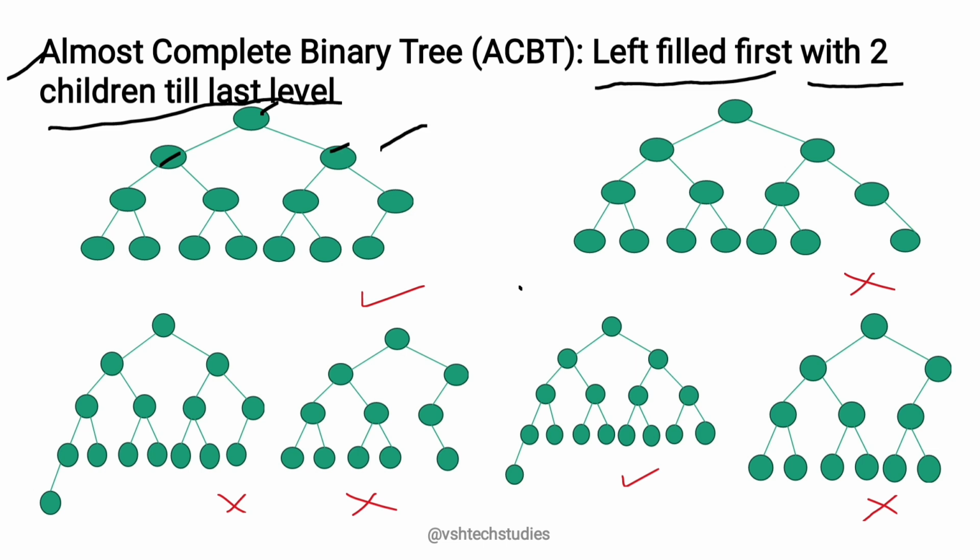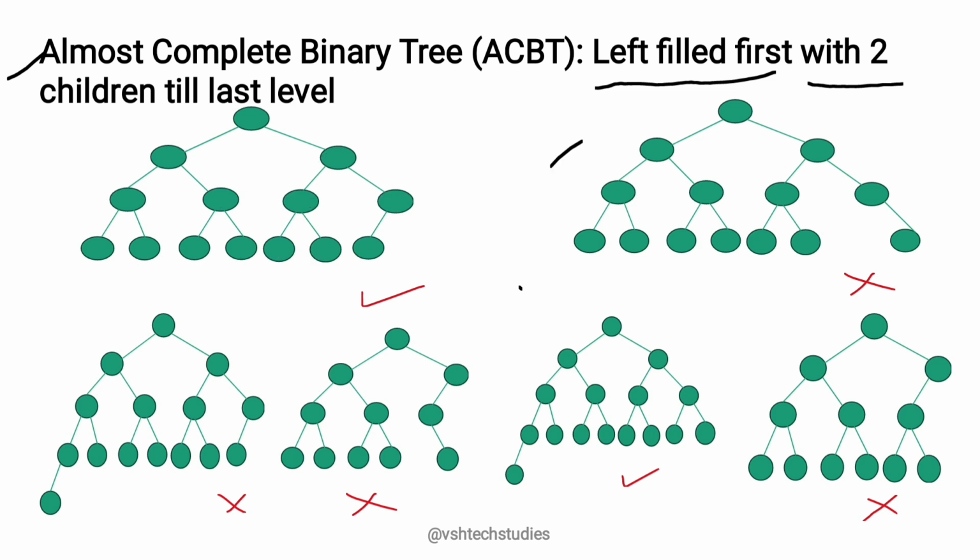So in this level, each node, if you consider, is having left, right, till here it is full with 2 children. Then in this level, this node has left, right, this node has left, right, this node has left, right. This node, if you consider, before filling the right, left is filled, it is okay. Hence this is called as almost complete binary tree.